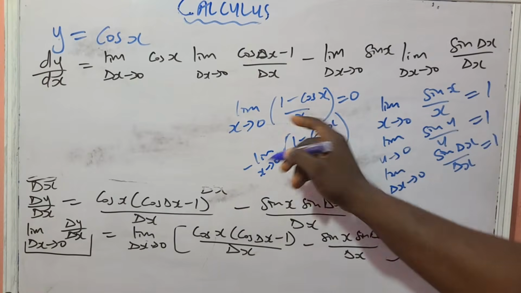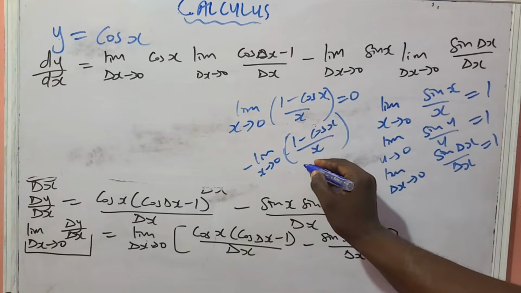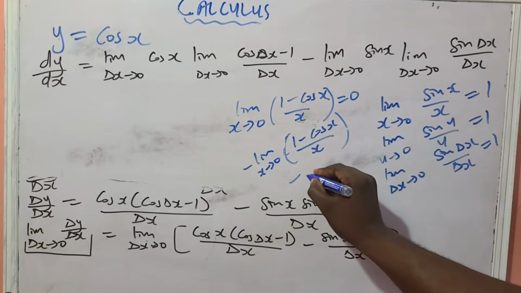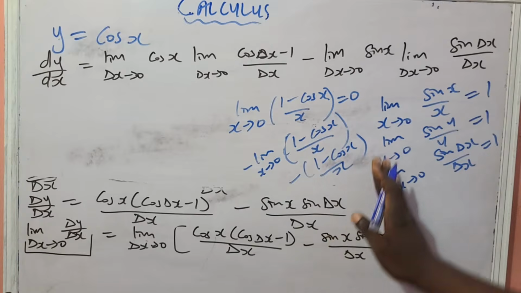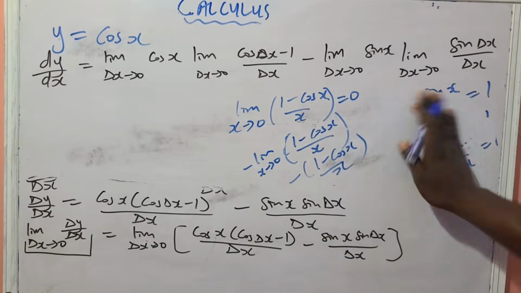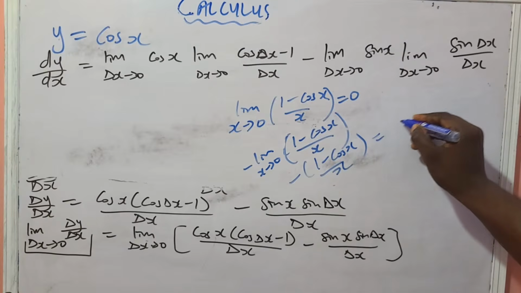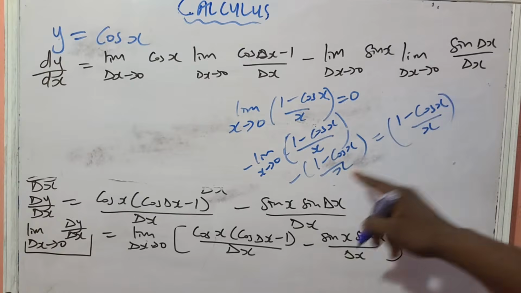If I wanted to use cos, this and this are the same thing. That means minus 1 minus cos x over x is the same thing as 1 minus cos x over x. You can do the math quickly.